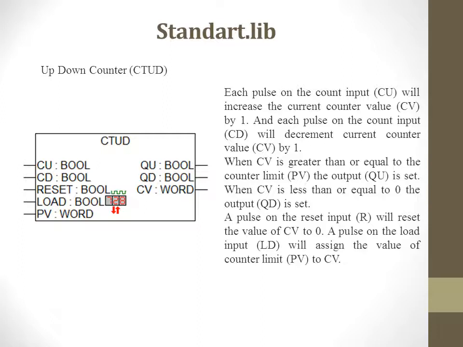When the counter value is greater than or equal to the counter limit, the output is set. When the counter value is less than or equal to 0, the second output of this block is set. A pulse on the reset input will reset the value of CV to 0. A pulse on the load input will assign the value of the counter limit to the counter value. So this is how it works.